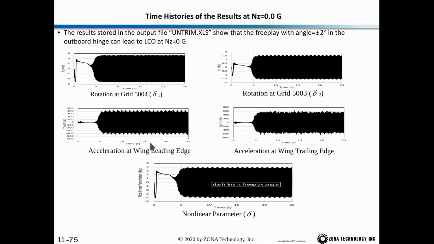This is our acceleration at the wing leading edge and the acceleration at the wing trailing edge, and then this is our nonlinear parameter delta, where the dashed line here represents the Freeplay angle. So you can see that after the gust, it takes about 5 seconds for the LCO to fully develop.